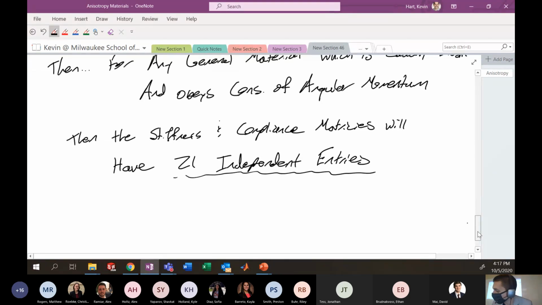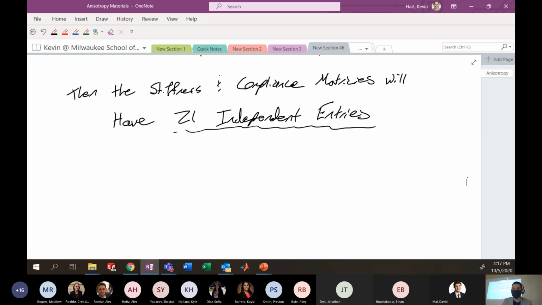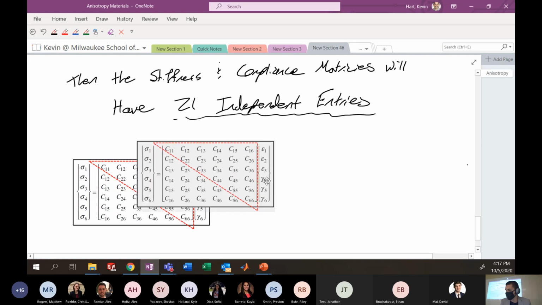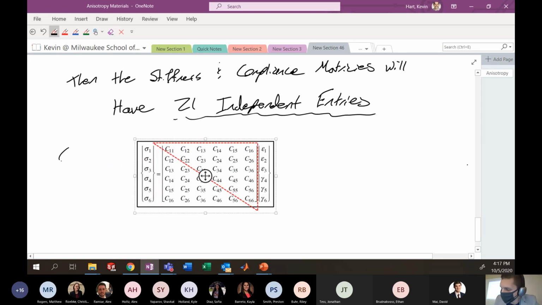So you want to see this in practice. I'm just going to pull pictures in here since I don't want to write this down, but this comes from the notes. You may consider making some shortened form of this if you're writing by hand, just so you see visually what this matrix looks like. Here's your general stiffness matrix. This is sigma i equals Cij epsilon j.